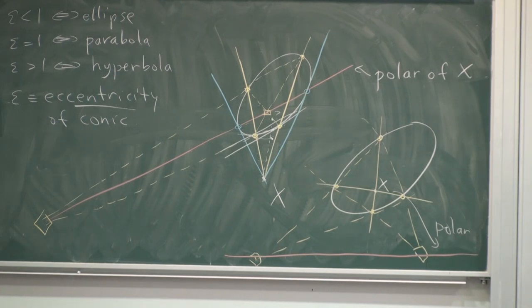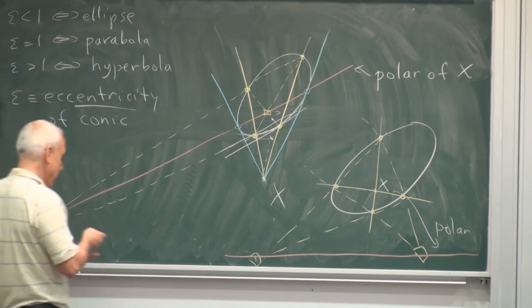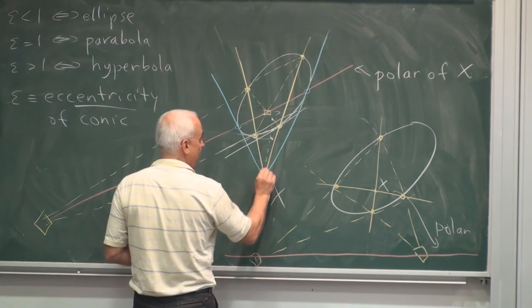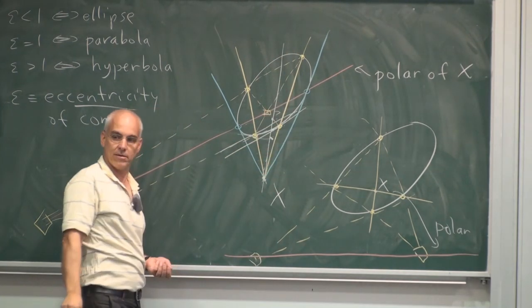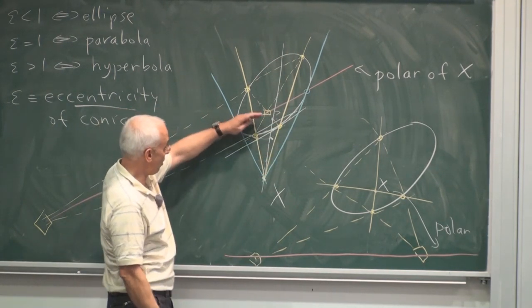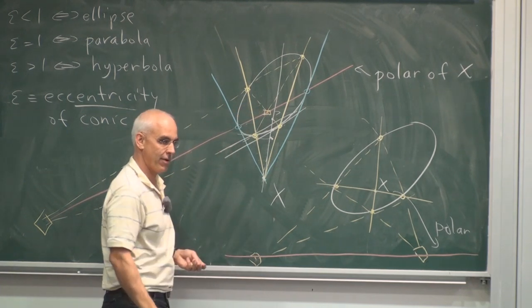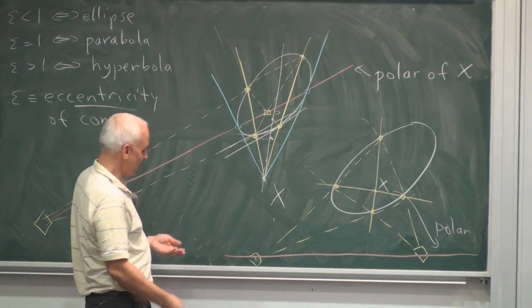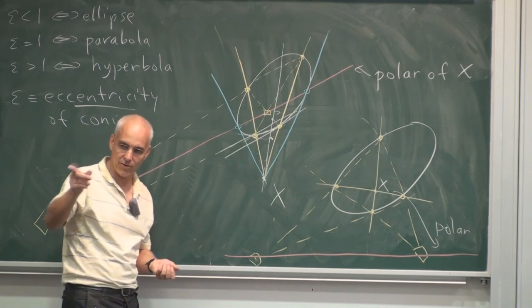Yes? If x moved on a straight line towards the first ellipse, would all those polars of x be parallel? No, they would all rotate. So if the question is, what would happen if x moved along this straight line? What would happen to all its polars? Well, the beautiful thing that Apollonius would have said, that's a very good question.